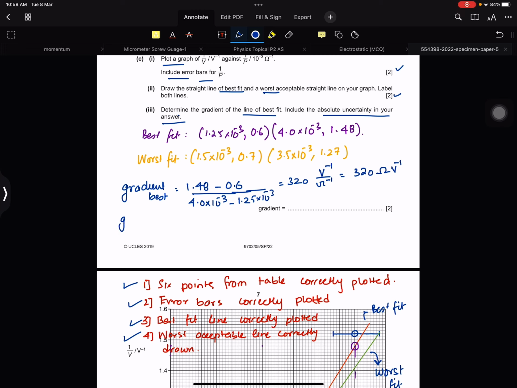Then what you're going to do is find the gradient of worst fit. So when you find the gradient of worst fit, it is going to be 1.27 minus 0.7 divided by 3.5 times 10 raised to minus 3 minus 1.5 times 10 raised to minus 3.